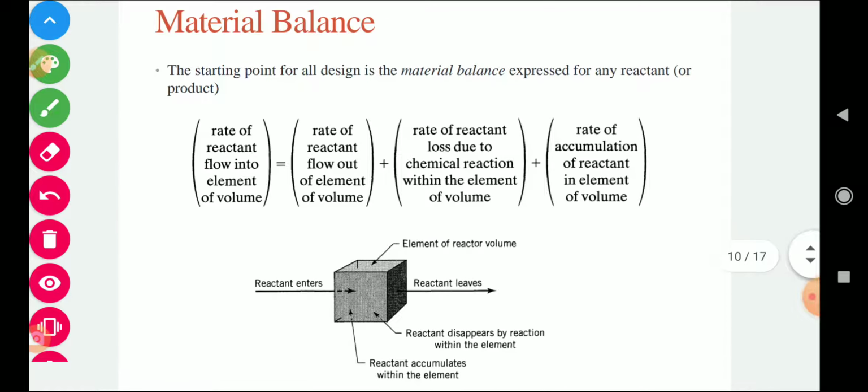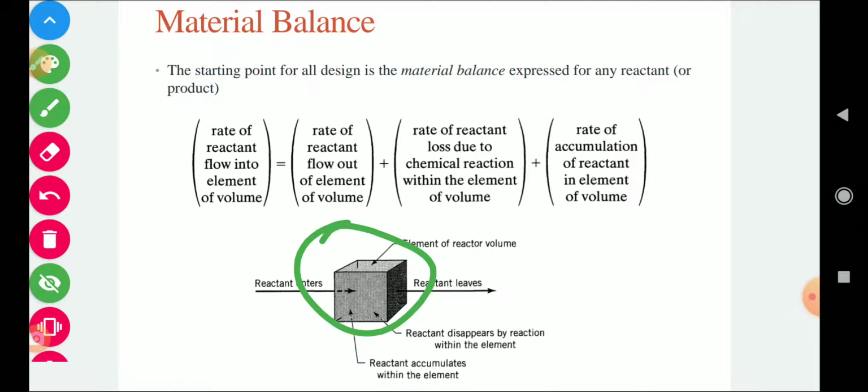Now if we apply material balance, then total mass is conserved. It means total mass cannot increase or decrease, it is constant. So the rate of reactant flow into the control element will be equal to the rate of reactant flow out of the element, plus the rate of reactant loss due to chemical reaction within the element, plus the rate of accumulation of reactant in the control element.